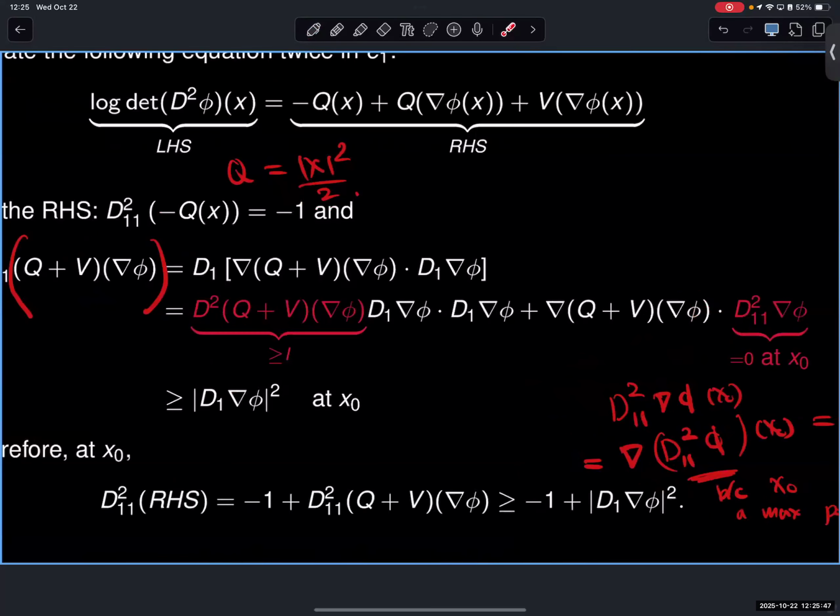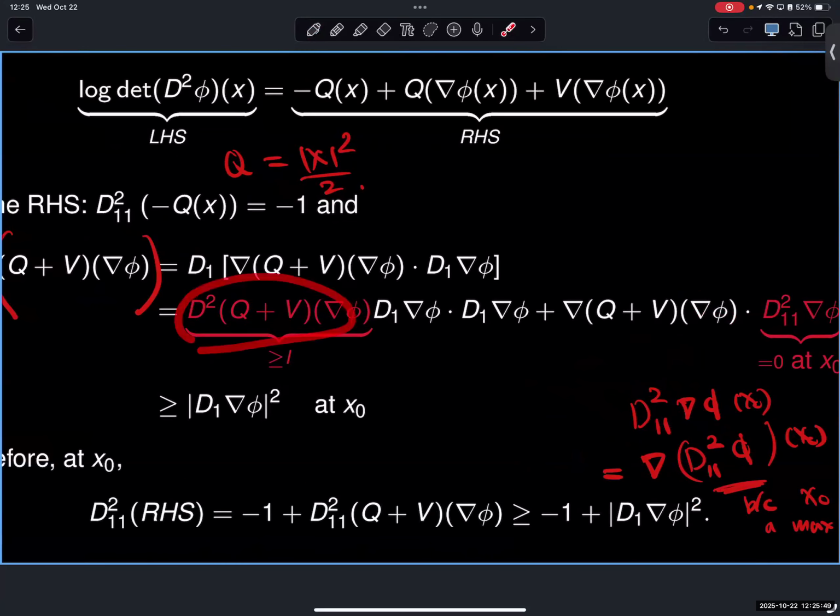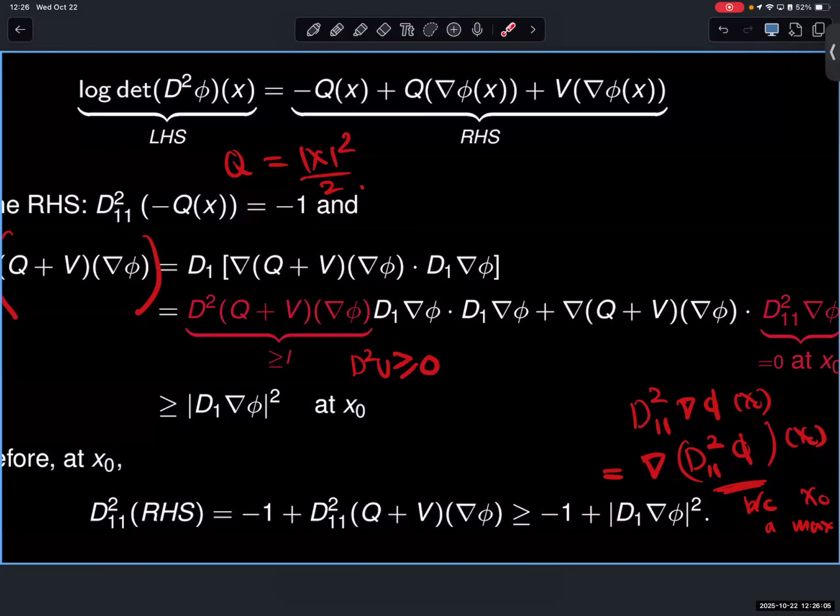And then the remaining part, this Hessian: Q is the quadratic function, so the Hessian of Q is just the identity. But V is a convex function, so the Hessian of that is non-negative. So this quantity is bigger than the identity.